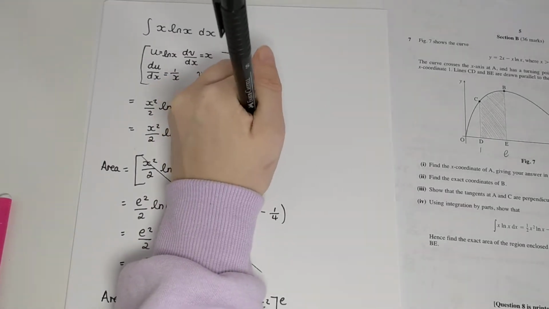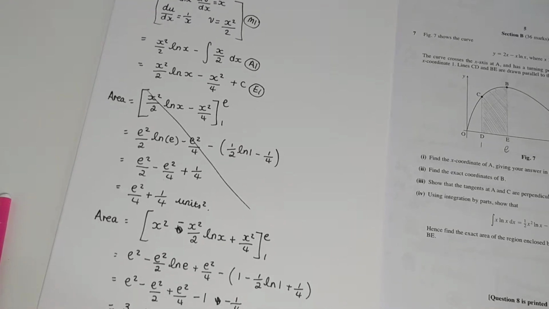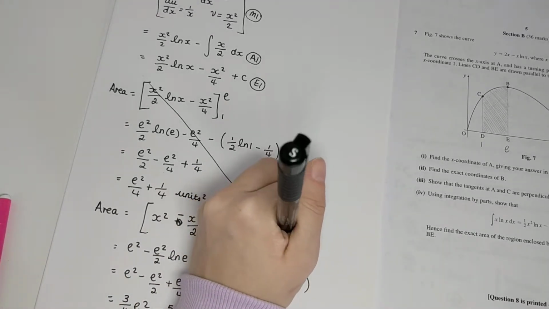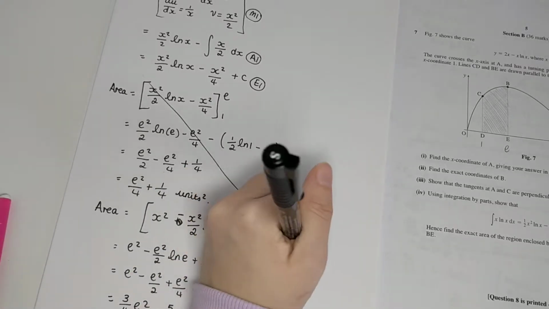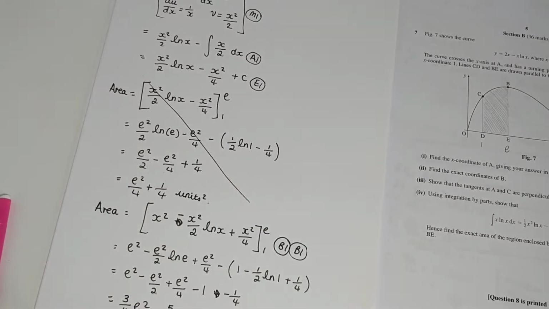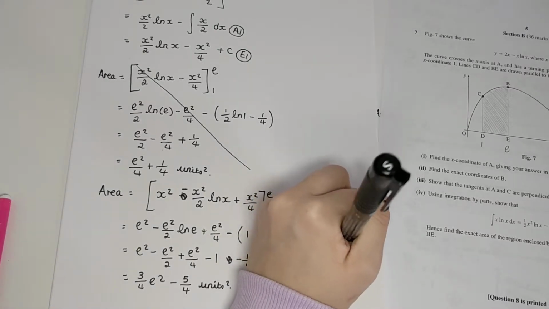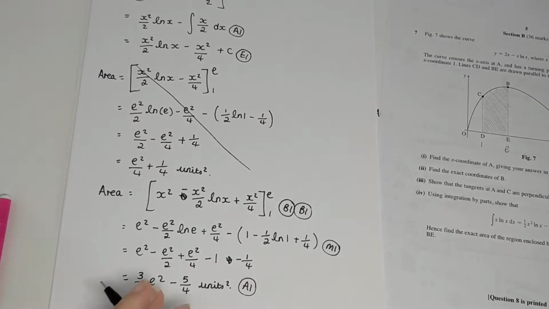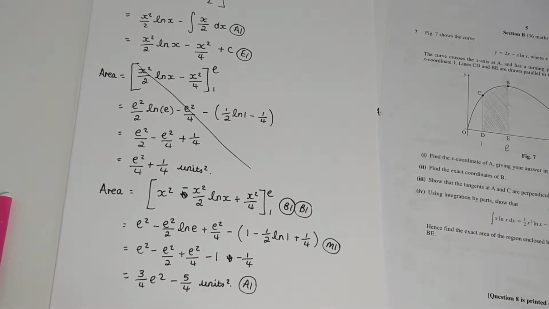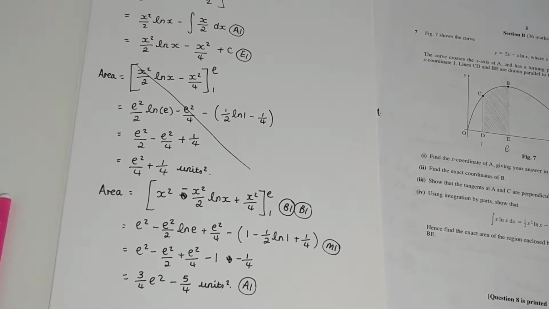E1 for the answer since it was given, B1 for making the correct integral and limits. Okay, mine was implied. And B1 for this line as well. M1 for substituting the limits. And A1 for the correct answer. And it is a correct answer only mark there, so not allowed any kind of following through.